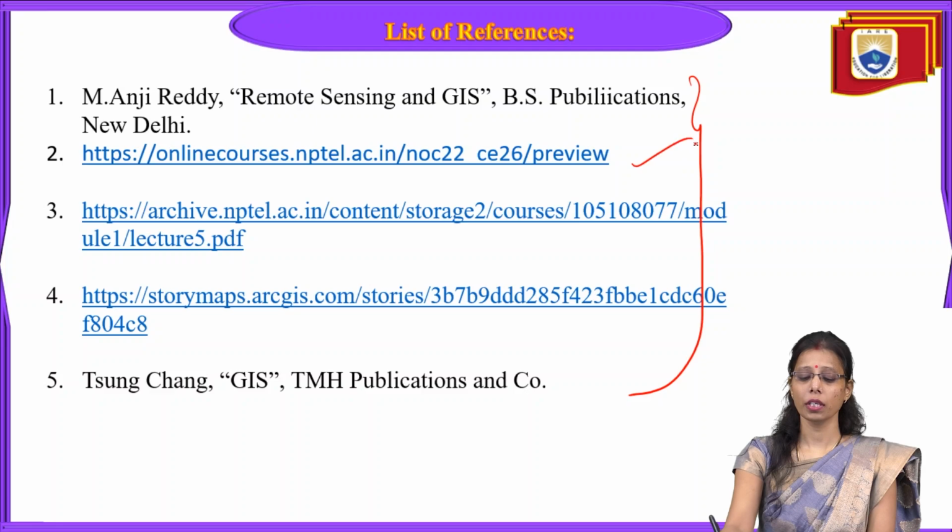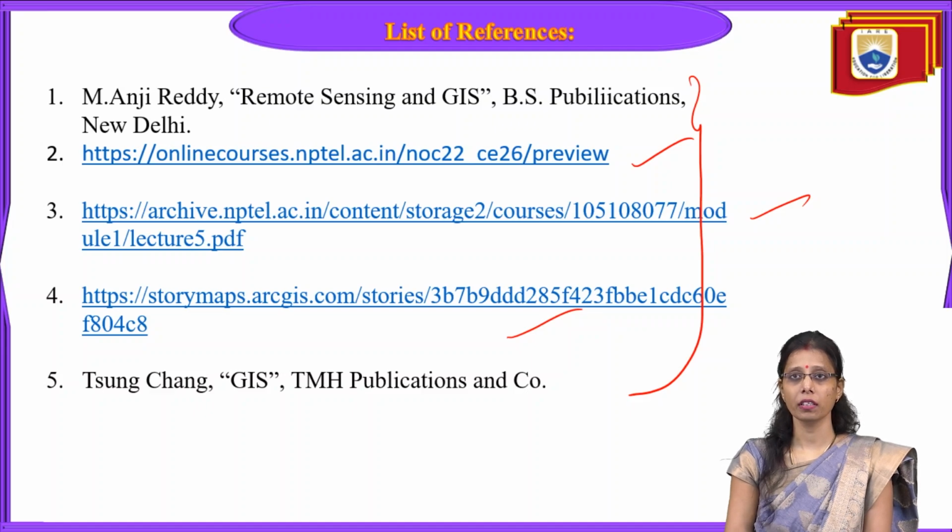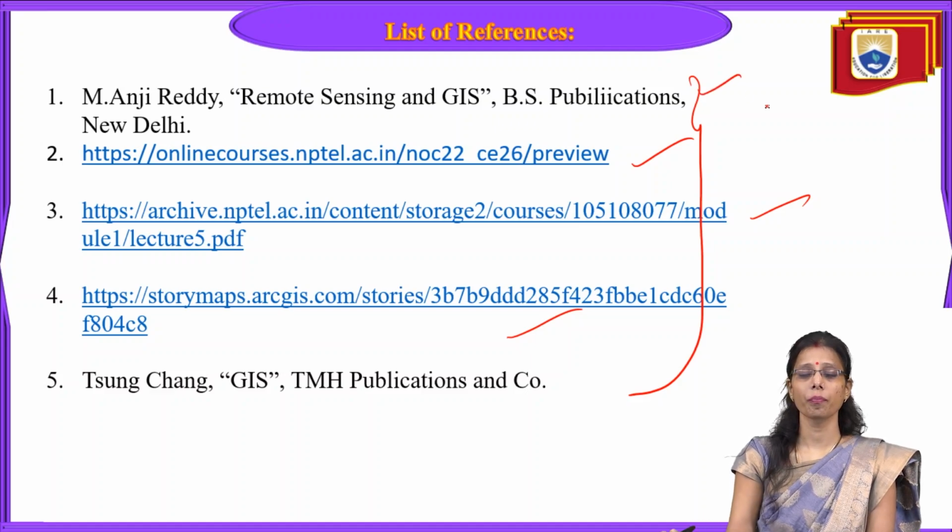You can go through the NPTEL links for extra information about DBMS, and if you want information about the theoretical part, you can go through the MNG Reddy book for good content. The components of the DBMS are very important to run the setup of the database management system.